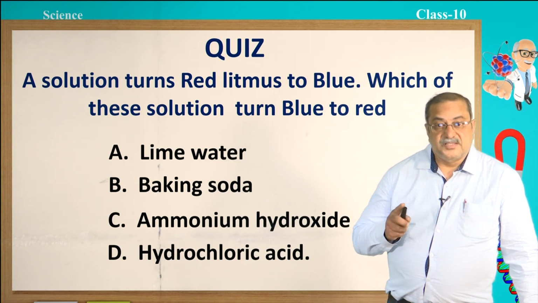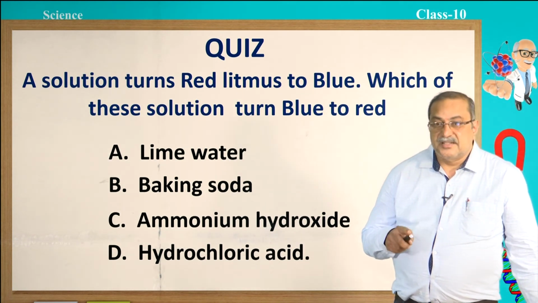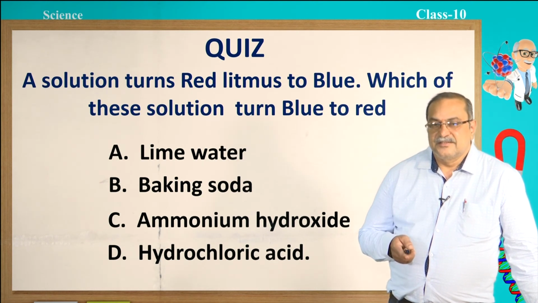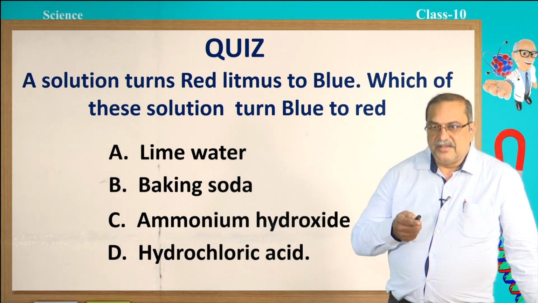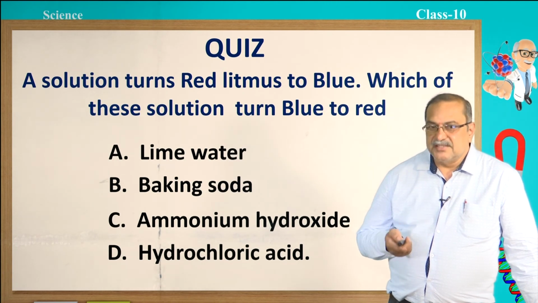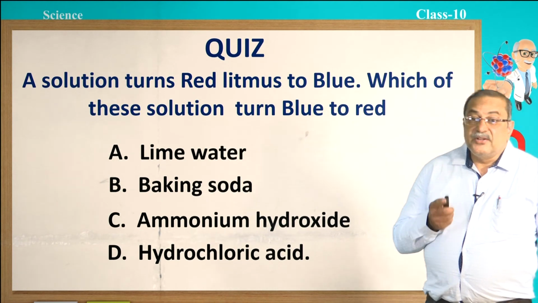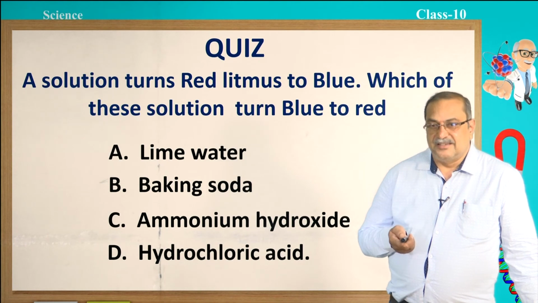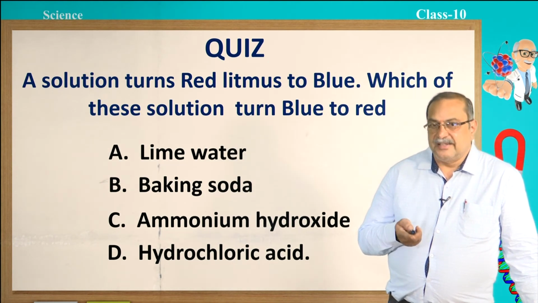So, the concept is that you have to remember which litmus turns red to blue or blue to red. If you know that, you can answer. See, lime water is a base, baking soda is also a base, ammonium hydroxide is also a base, and hydrochloric acid is there. So, this will turn blue litmus to red in color.